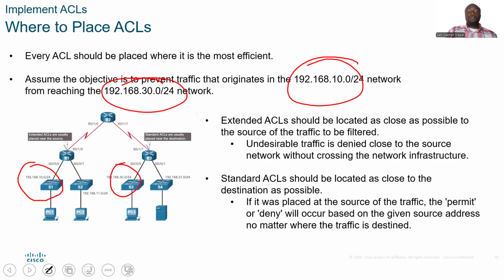If I'm using an extended access list, it is going to be close to the source. An extended access list should be as close to the source as possible, so to prevent 10.0 from going to 10.30, what do you do?